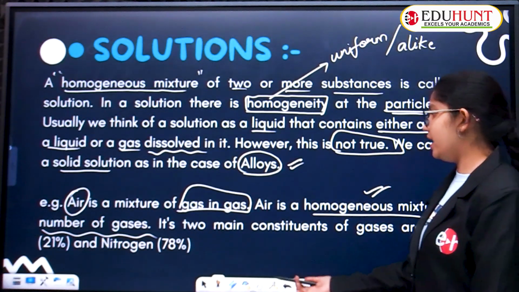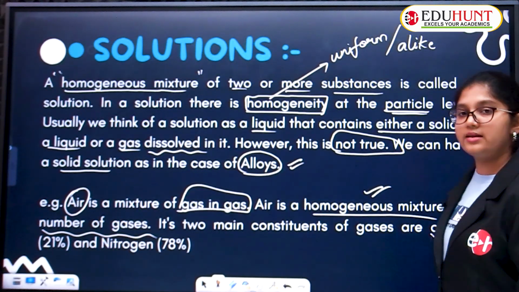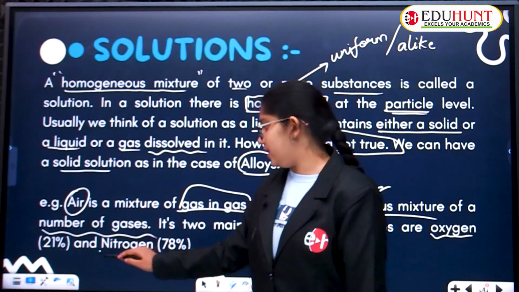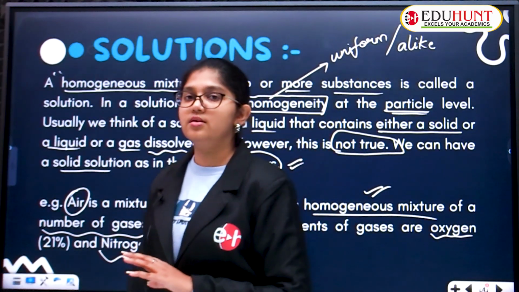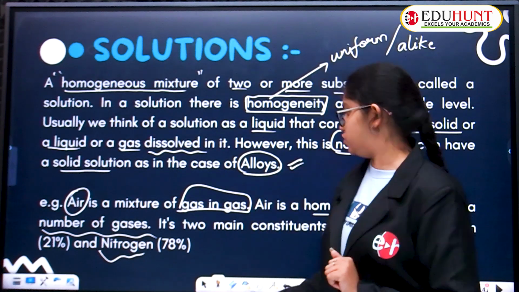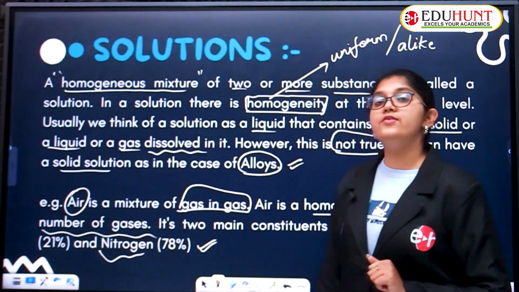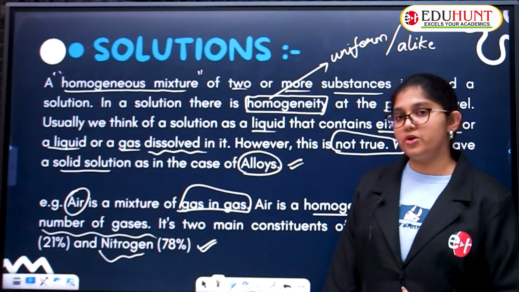Its two main constituent gases are oxygen and nitrogen. The most abundant gas in the air is nitrogen, children, which has 78% abundance out of all the 100% of air components.